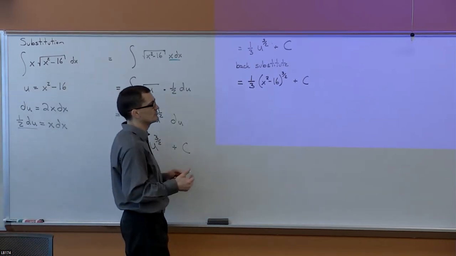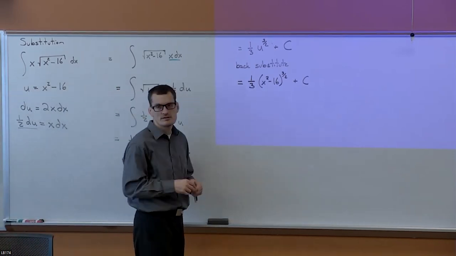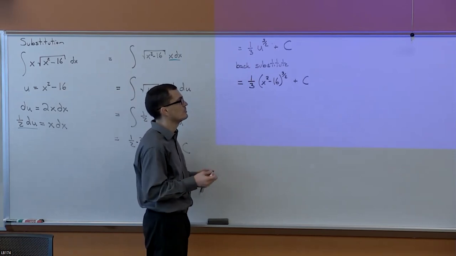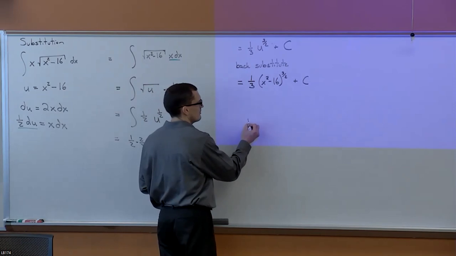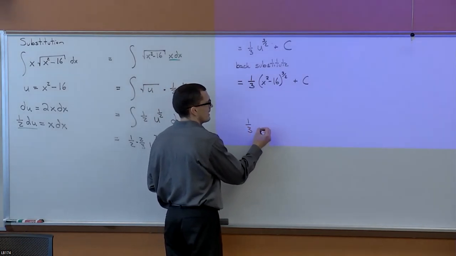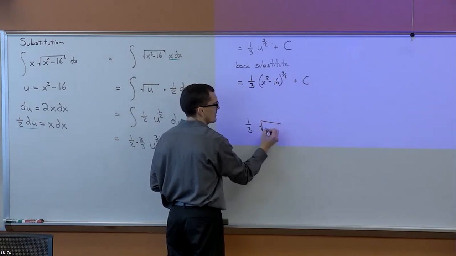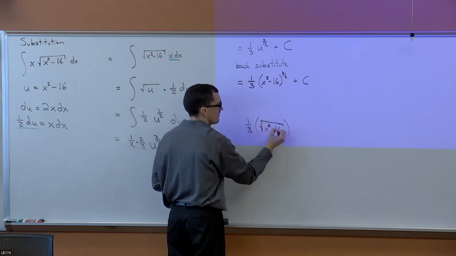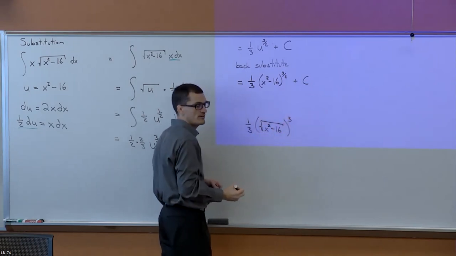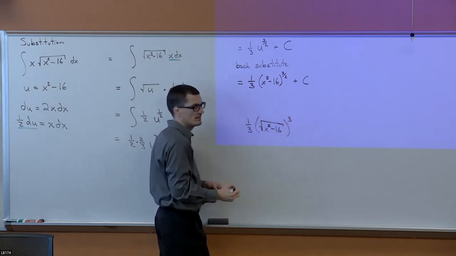If you want to rewrite this, you could rewrite this with square roots in it. It's a little bit messy. The halves make square root of x squared minus 16, and then you have to raise that whole thing to the 3rd power, right?